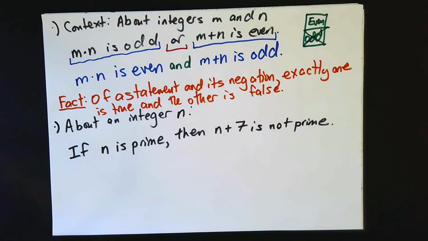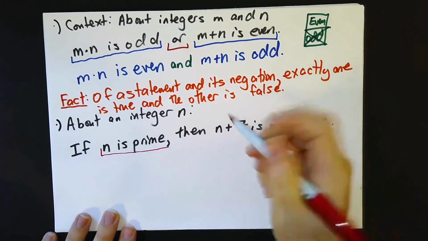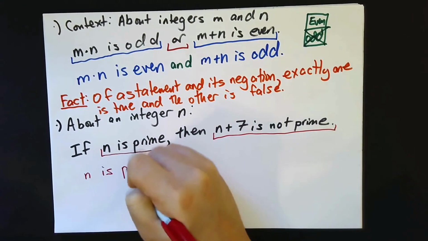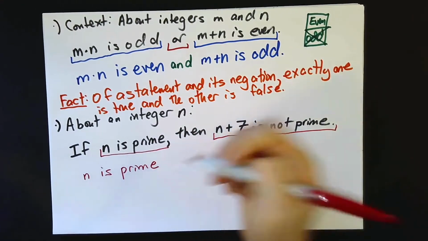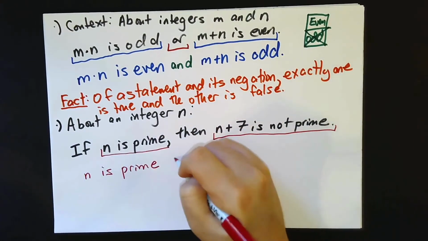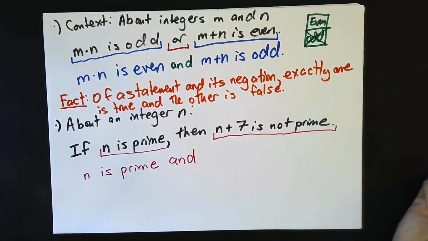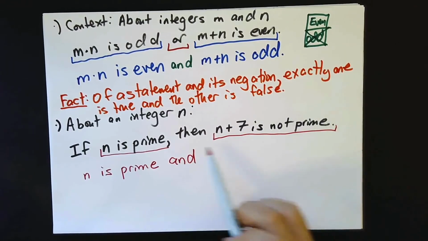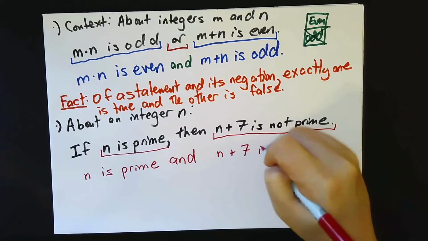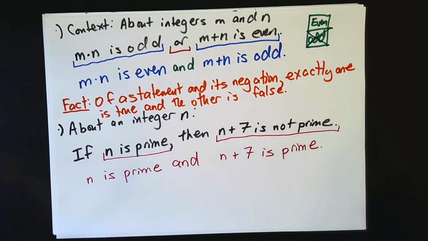So that means when I go to write down the negation of this implication, I want to keep P, that is the if part, exactly the same. And then instead of a then, I'm going to write and, then I want to negate this part. And so the negation of n plus 7 is not prime is n plus 7 is prime.